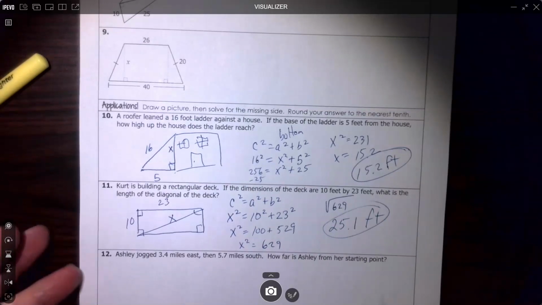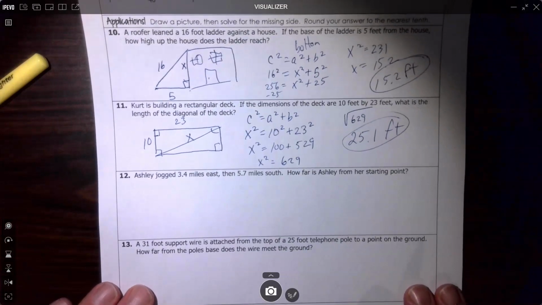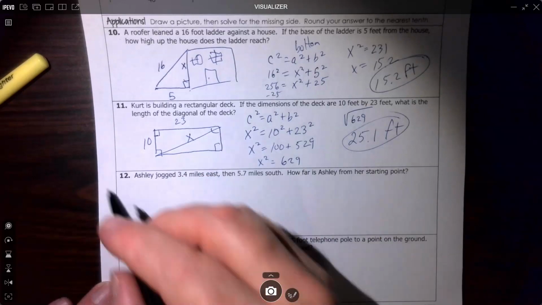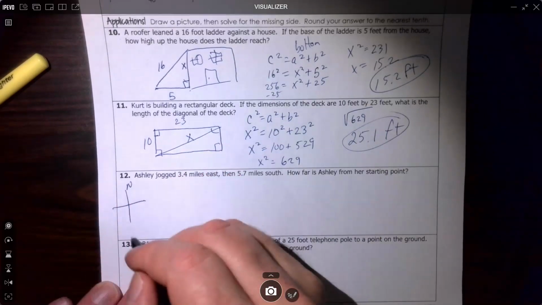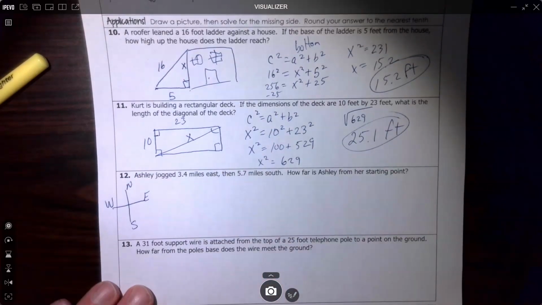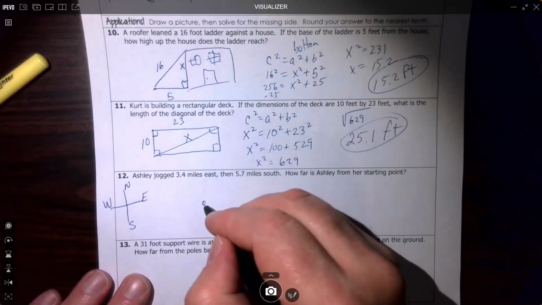Okay. All right. Number 12 actually jogged. Okay, so you've got east and south and whatever. If you don't know your directions, north is this way, south is that way, east is this way, and west is that way. All right, so Ashley, we'll put Ashley down here.